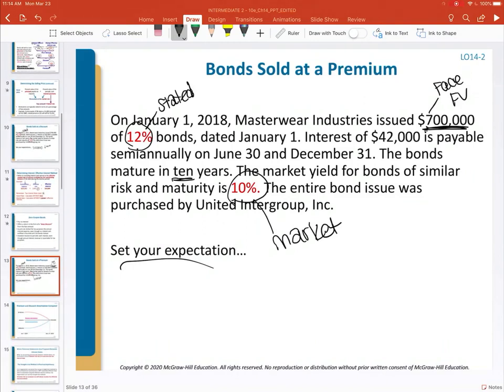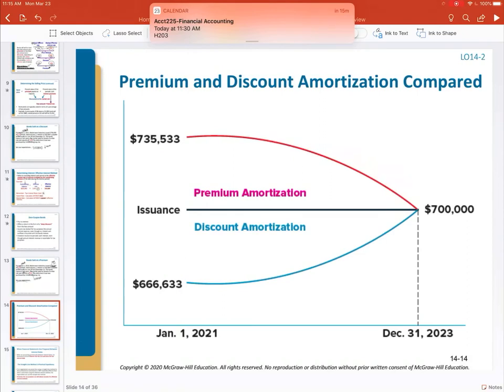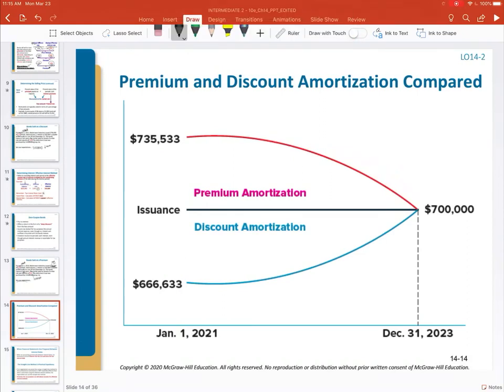So just to wrap up this video, I love this diagram because it shows us the relationship between bonds that have discounts and bonds that have premiums. The amounts that we see on the slides are a little bit different from what we calculated, which is fine.